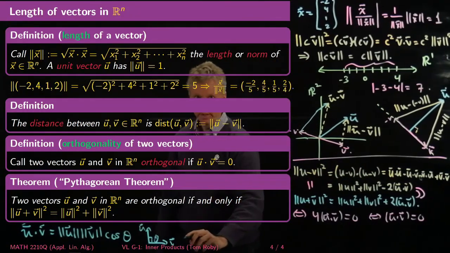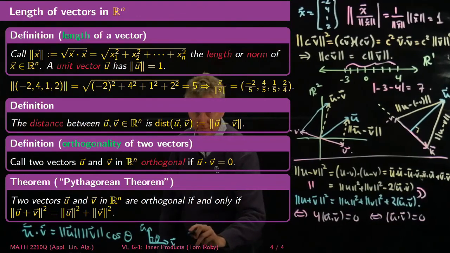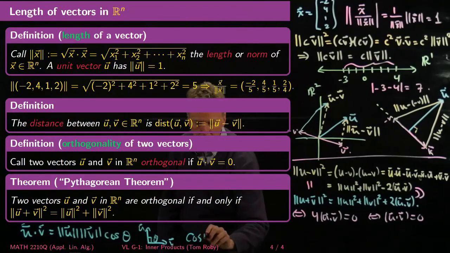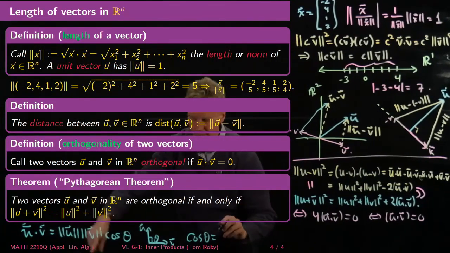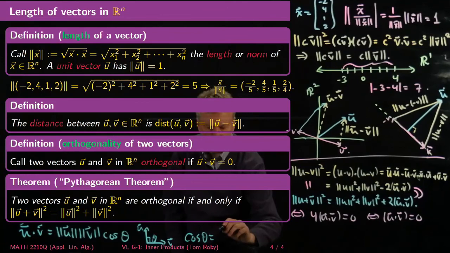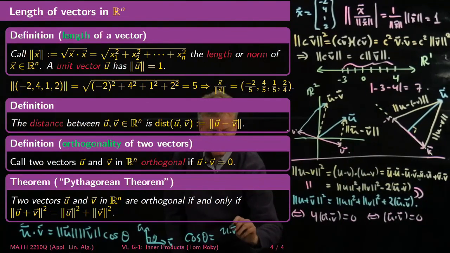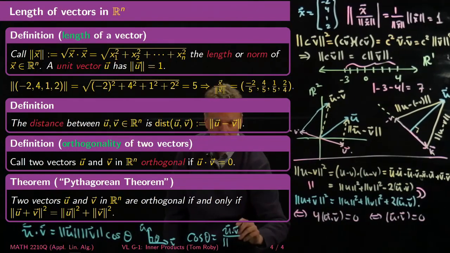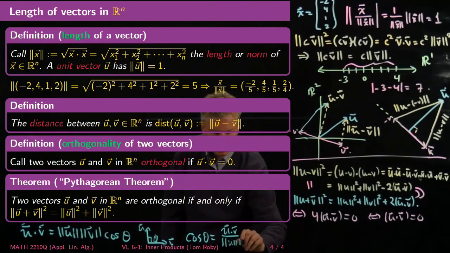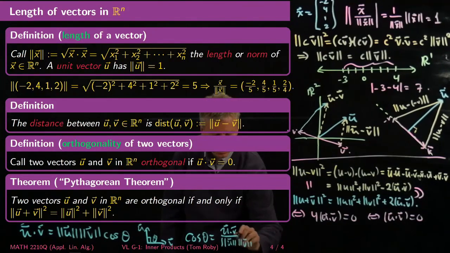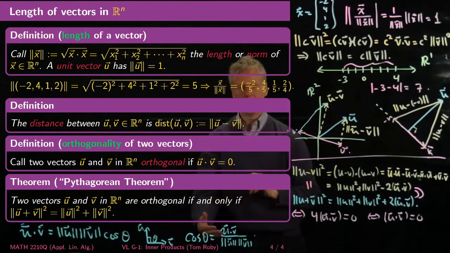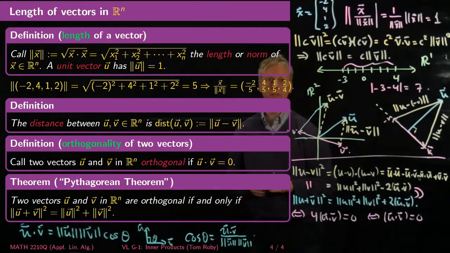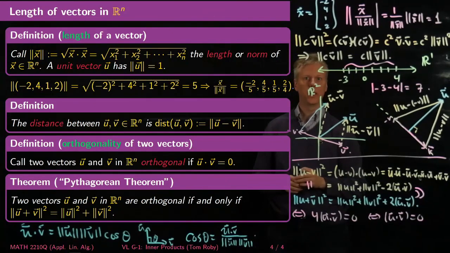Namely, you can just define the cosine of the angle between them using this formula: we know what u dot v is, and now we're dividing by the norm of u times the norm of v. That's the cosine of theta, and so then you can just define theta to be the arc cosine of that. So once you know what the cosine of theta is, you know what theta is.